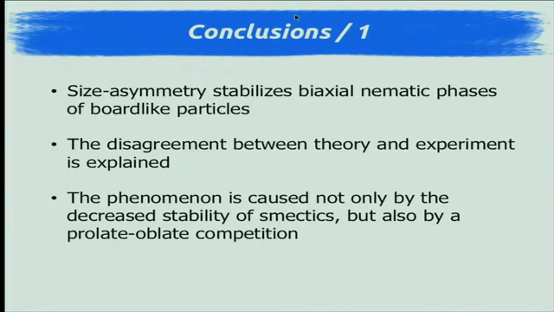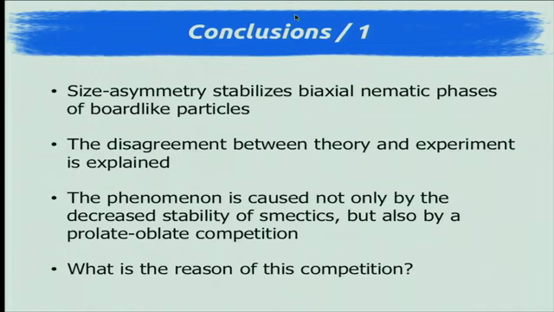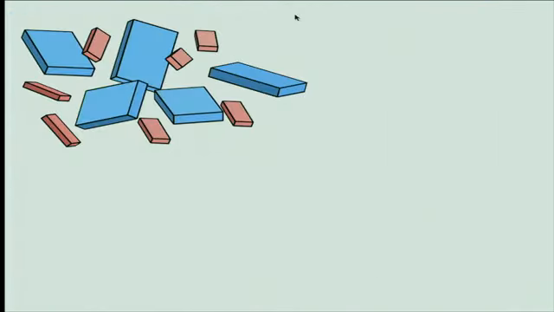So the next point to be addressed is what the reason for this competition actually is. And we address this point by changing our perspective slightly. Let's go back to the simplified binary mixture of big and small board-like particles.